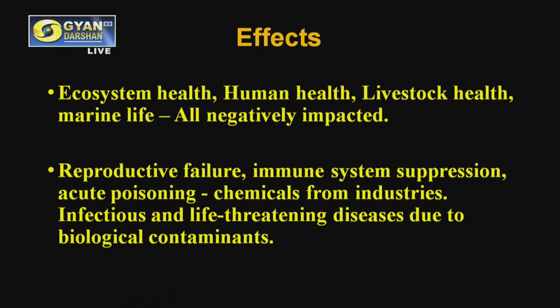So we find ecosystem effects, we find livestock and human health affected, and marine life affected. All are negatively impacted. So all these heavy metals are not doing any good to the planet. Then in the human system itself, we find that people are affected with reproductive failure, sterility, immune system suppression, acute poisoning from chemicals from the industries, infections and life-threatening infectious diseases.